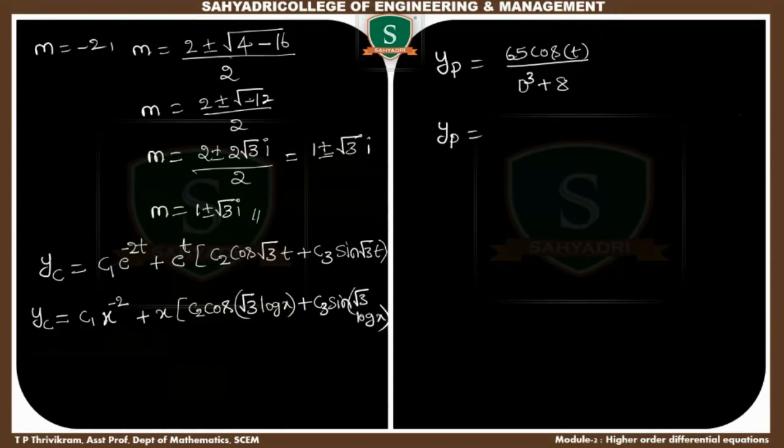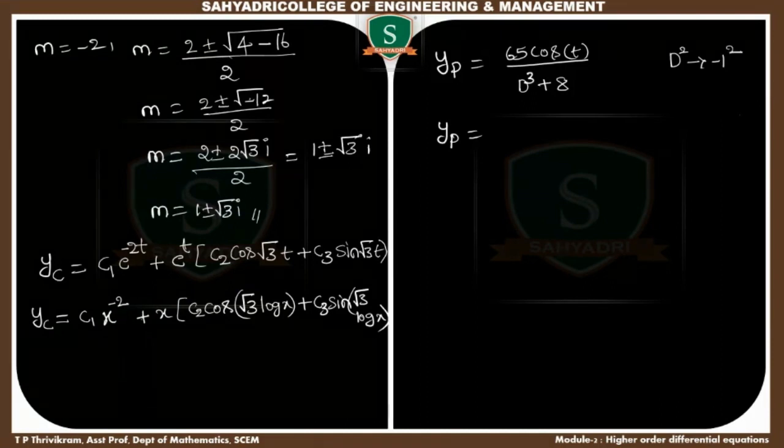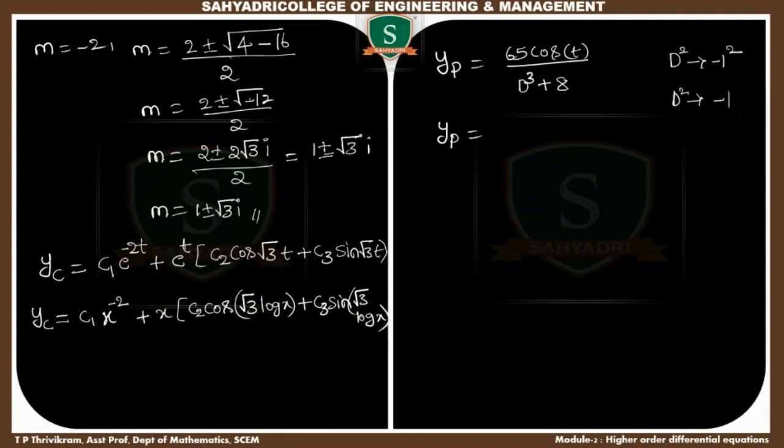Here identify what is a x. The coefficient of t is 1, so we need to replace D square with minus 1 square, which is minus 1.